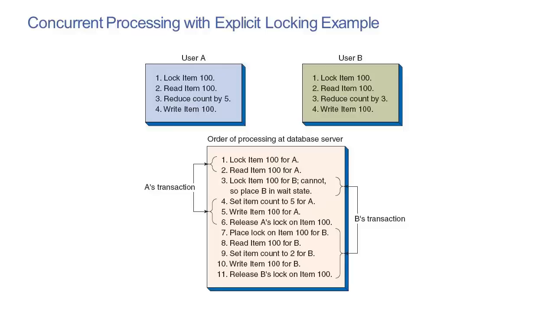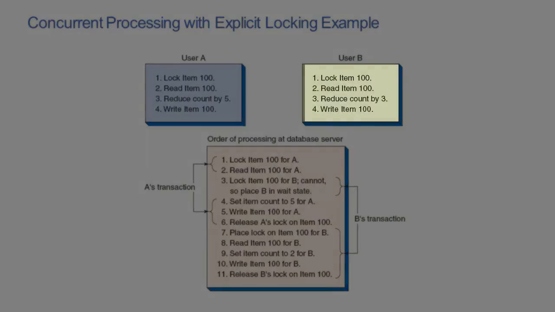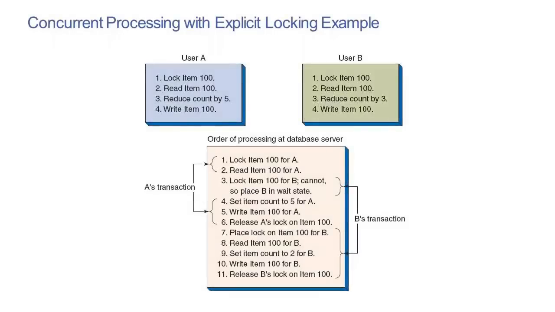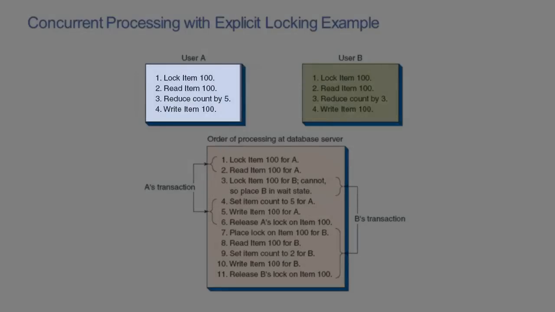If we handle user B's requests first, we lock item 100, we read the number of units of item 100 in inventory for user B, that value is 10. We then reduce the count by 3, that is, we set the value to 7, 10 minus 3 is 7, we then write the result to the database, after which the lock is released. Next, a lock is issued for user A. The number of units in inventory is read for user A. The database returns a value of 7 for that result.